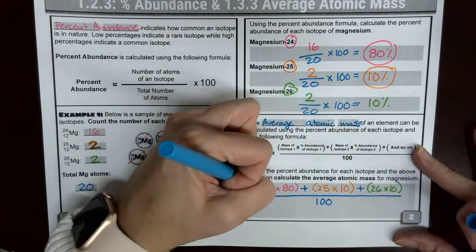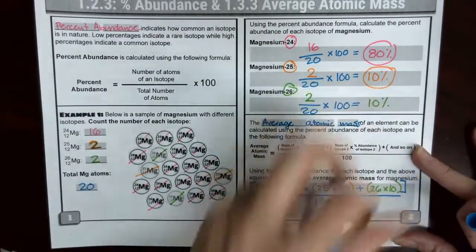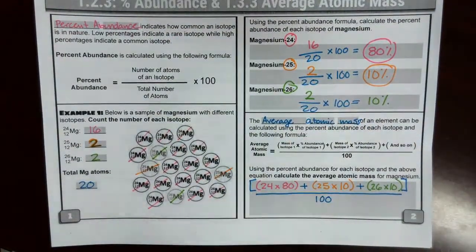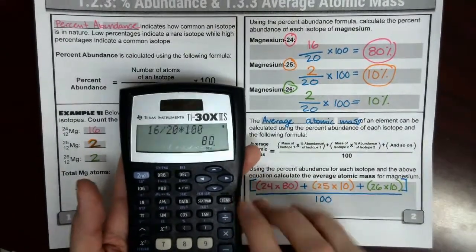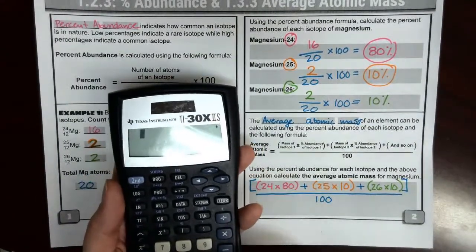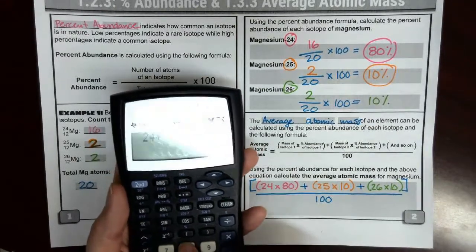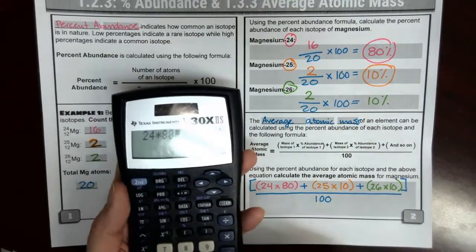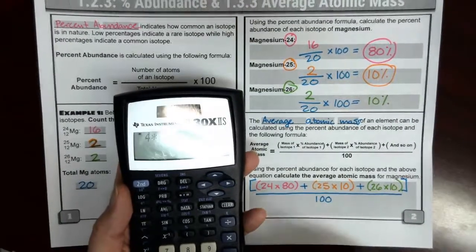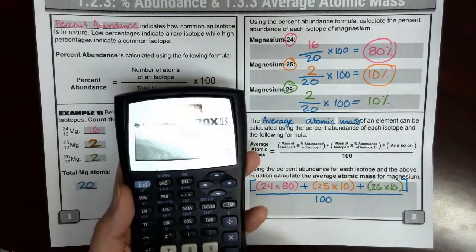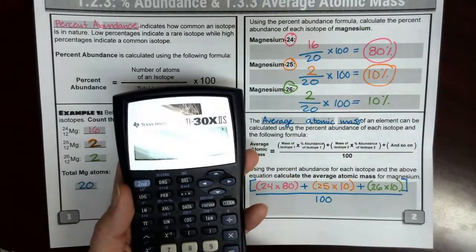When I do this, I need to do the whole top first, then divide by 100. So here's how this goes into the calculator. I'm going to type 24 times 80 plus 25 times 10 plus 26 times 10.